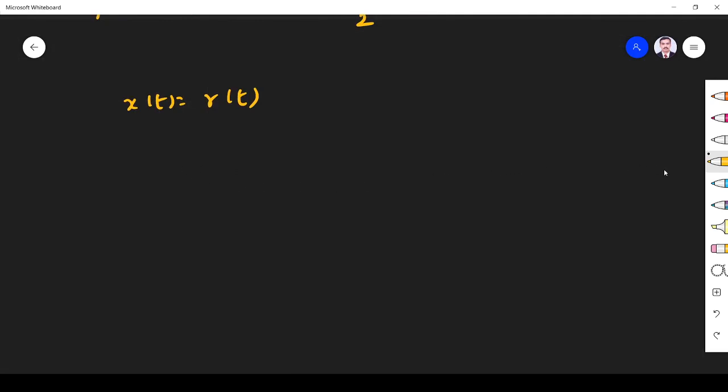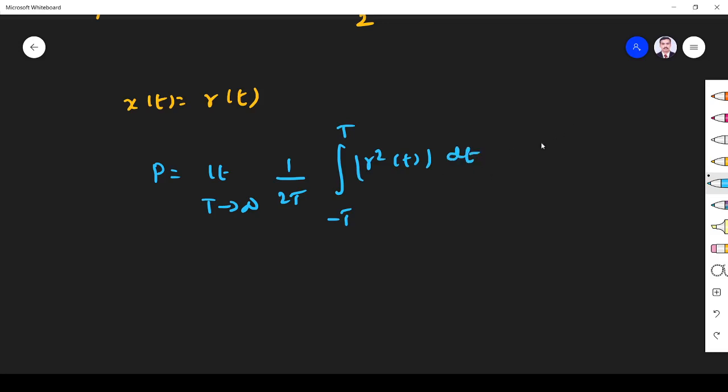So as usual, we solve. What is power? Power is given by limit t tends to infinity, 1 by 2t, integral from minus t to plus t of x squared of t dt. X squared of t I can write as r squared of t dt. What is ramp? Ramp is equal to t when t is greater than 0, 0 else.